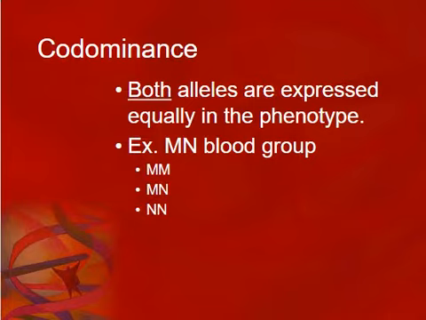Codominance. Think like how the NBA is set up now. When I was a kid, most teams had 1 star, and every team's best star would go against each other, and then the best team would win at the end. Well, nowadays, every team's got 3 stars, 4 stars, 5 stars. Maybe not every team.